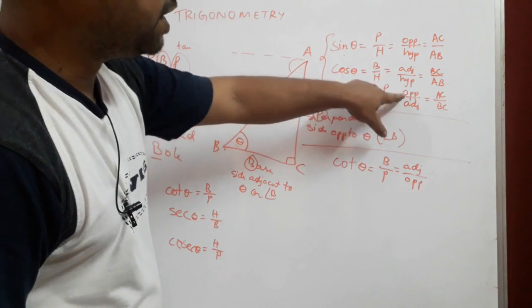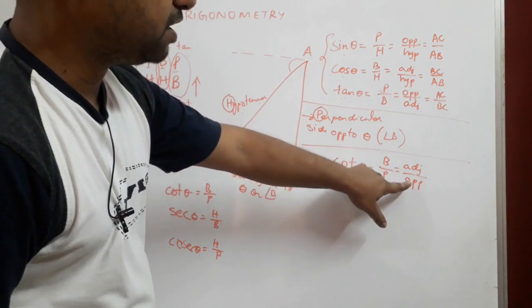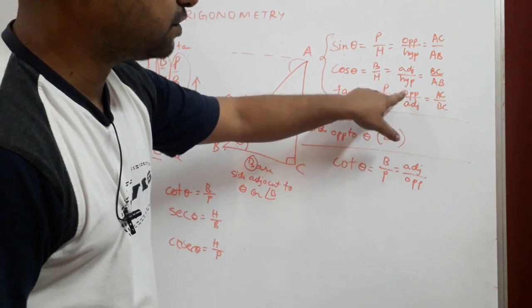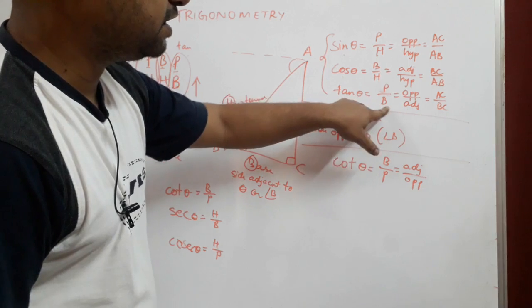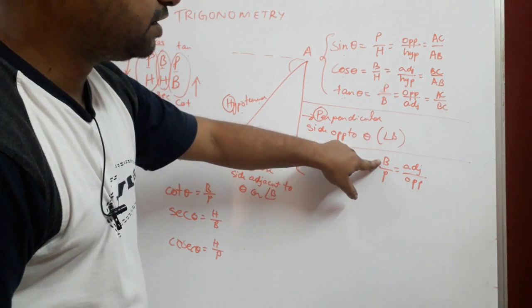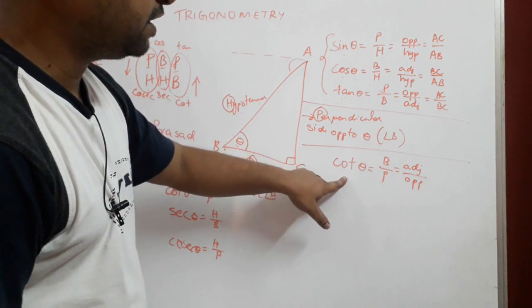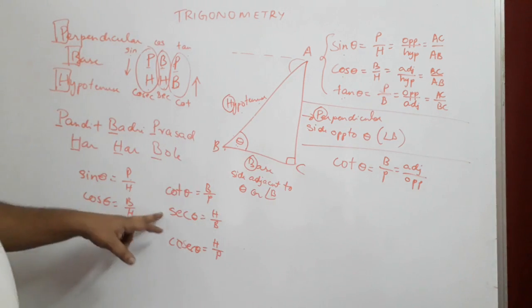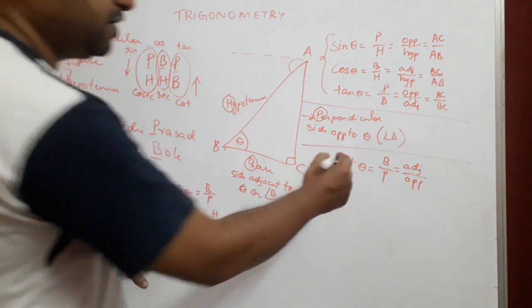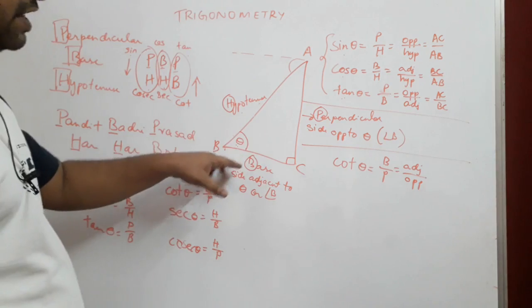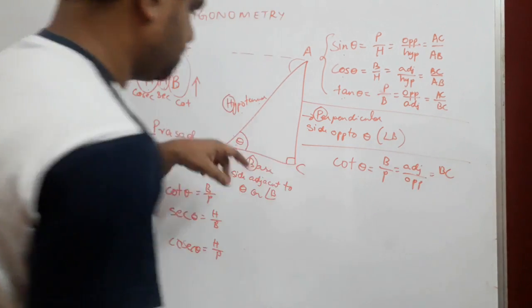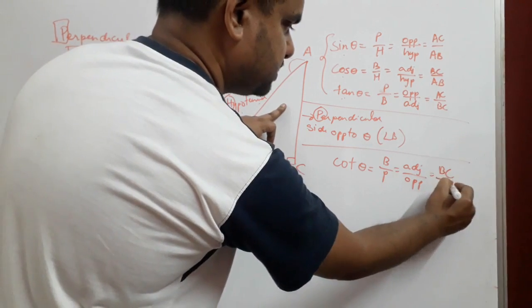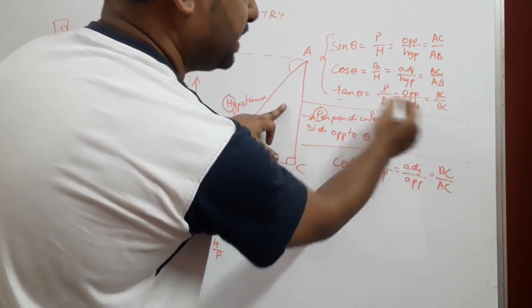What was the numerator in tan has now become the denominator, and what was the denominator, that is B, has now become the numerator in cot. Have a look, compare it. The same thing applies to sec, but we will complete cot theta first. So cot theta is adjacent upon opposite, BC upon AC, the opposite of tan theta.